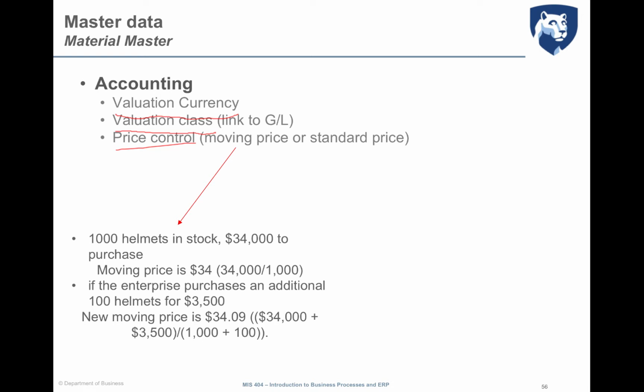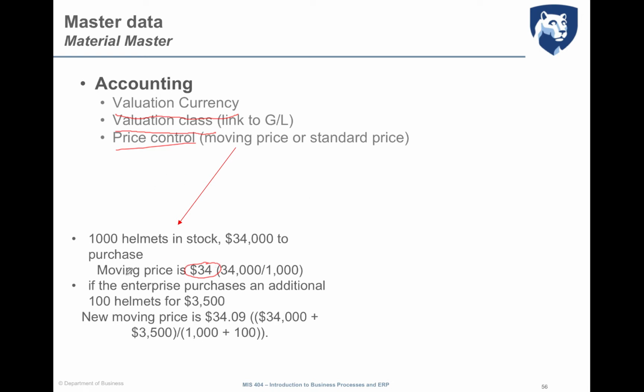Here you see an example. If you have 1,000 helmets in stock, and their purchasing cost has been $34,000, their moving price will be 34, deriving from the ratio between 34,000 and 1,000.